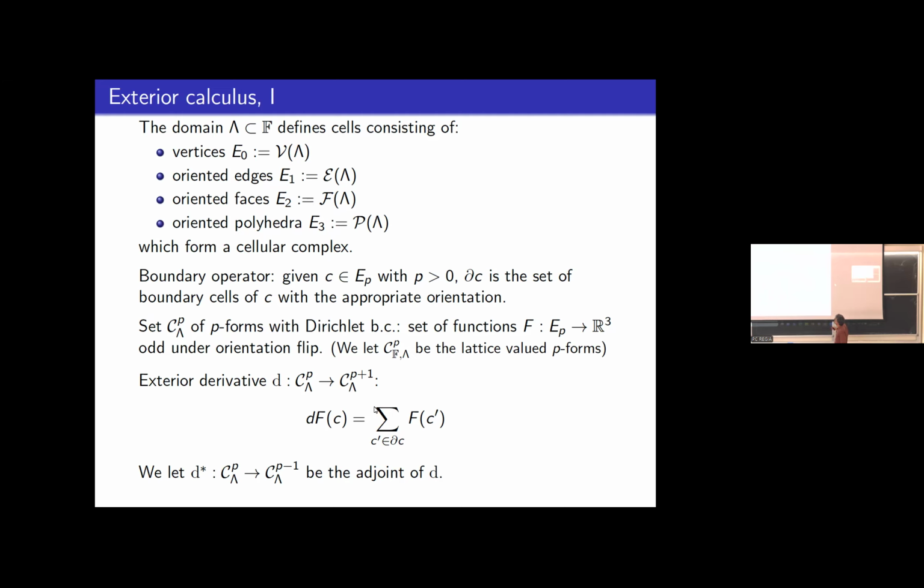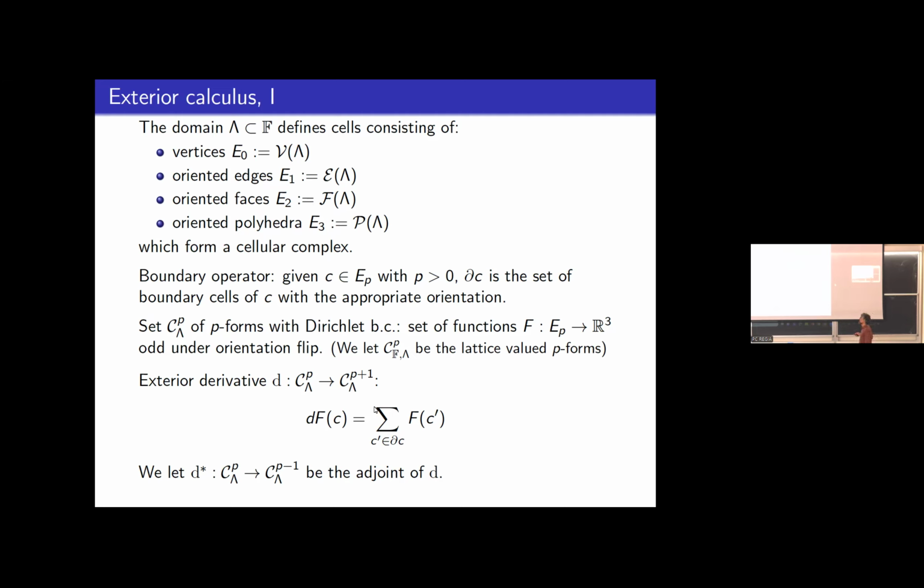Given an oriented cell C with p larger than 0, there is the boundary operator, denoted by this d. This is not a partial derivative. It is an operator that produces as output the set of boundary cells of C. So if you take the boundary of a face, it will be the set of oriented edges on the boundary, and so on, like I discussed this morning.